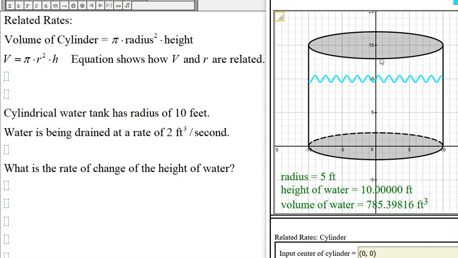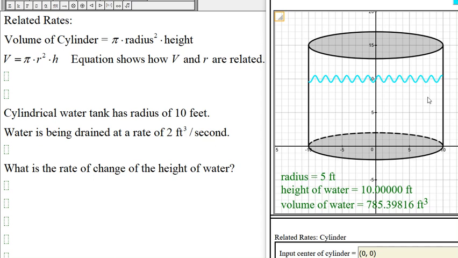Here we have a water tank that's in the shape of a cylinder. It is filled with water, and we're given that the cylinder has a radius of 10, and that water is being drained out of the tank at a rate of 2 cubic feet per second.